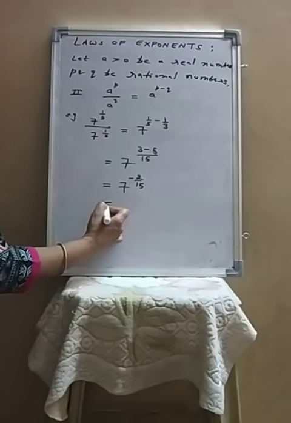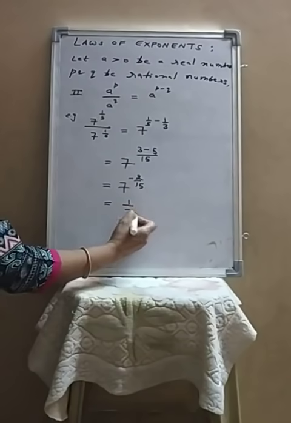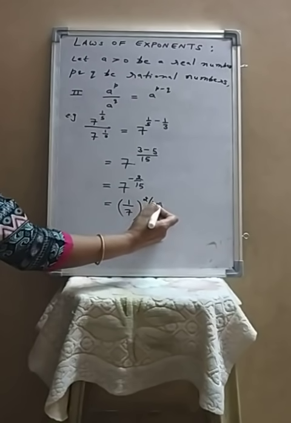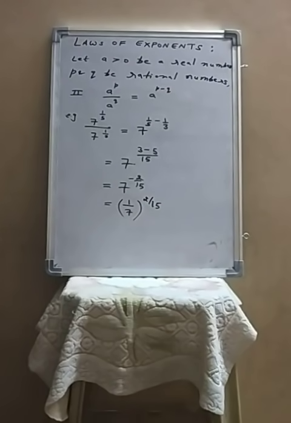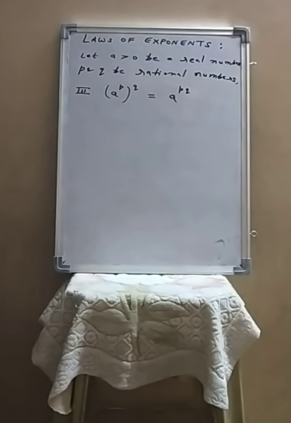It is simplified, and if you want to make the power positive, I can write like this: 1 by 7 raised to the power 2 by 15. So this is simplified. Now let's move to the next law.